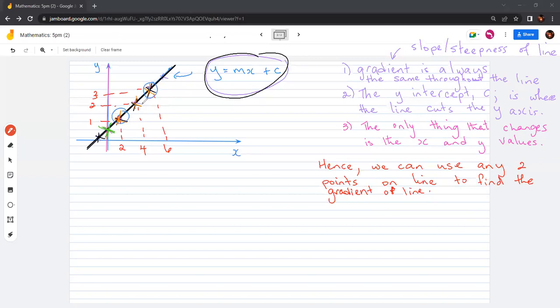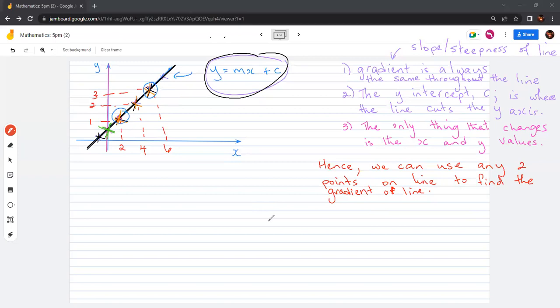You could use any 2 points. So let's say they give you a question to find the gradient. When they give you 2 points, it's like they selected 2 points on a given line for you to find the gradient and hence the equation. So let's say I took these 2 points.